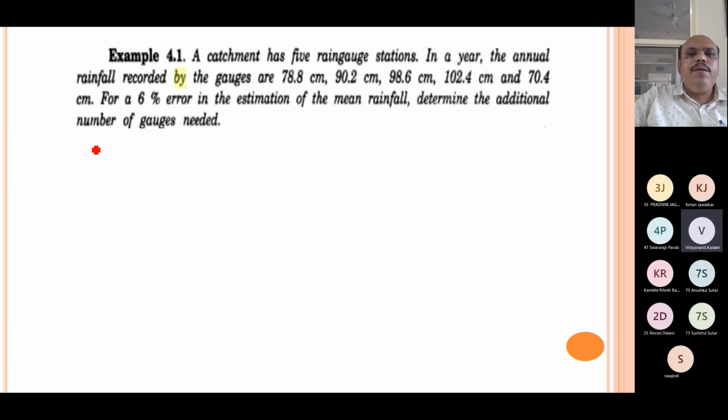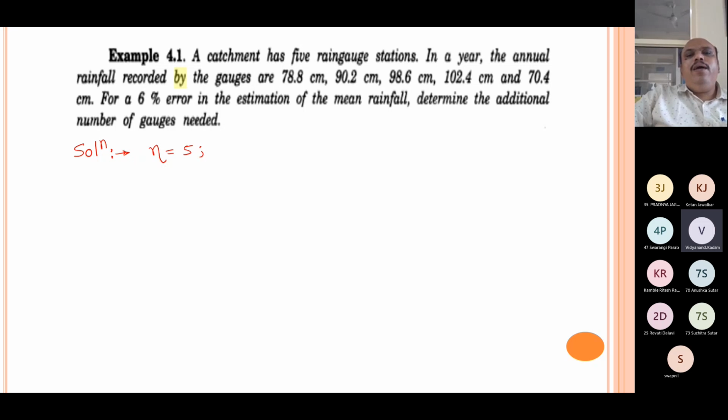Which value is given here? The value of small n is given. Okay. Value of small n is 5. Existing number of rain gauge stations are 5.